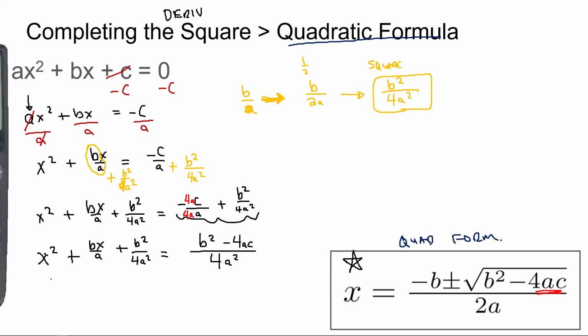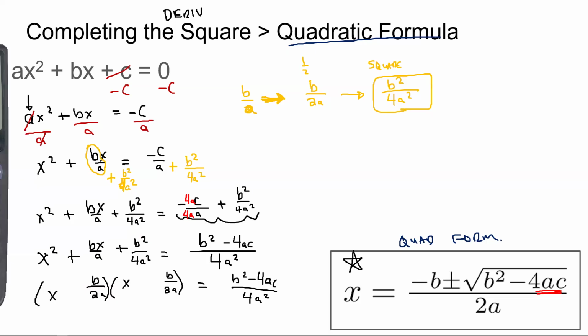All right. So now let's factor the left-hand side. This is guaranteed to be a perfect square. So what I need to do is take the square root of this thing and put that front and back.